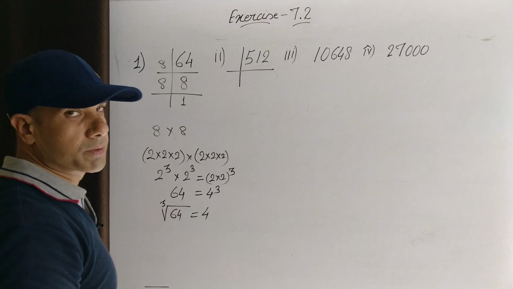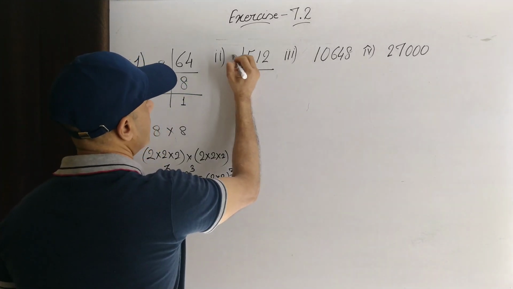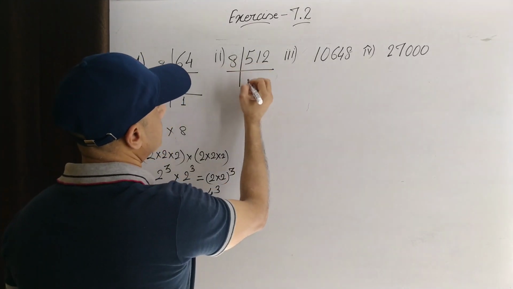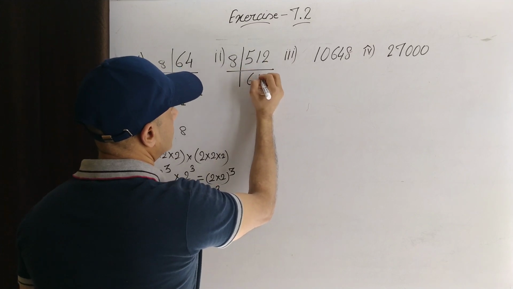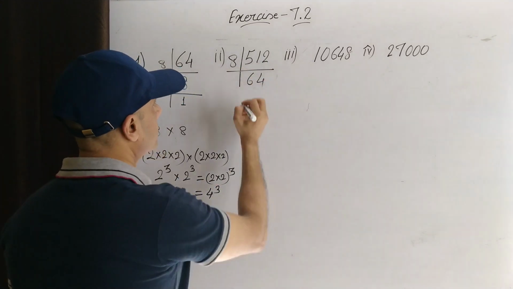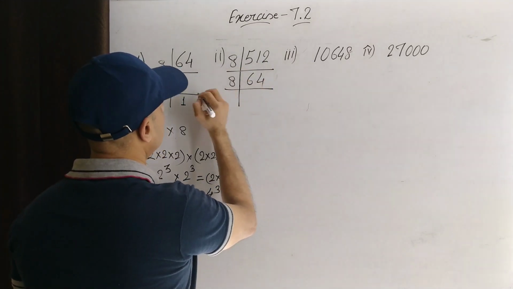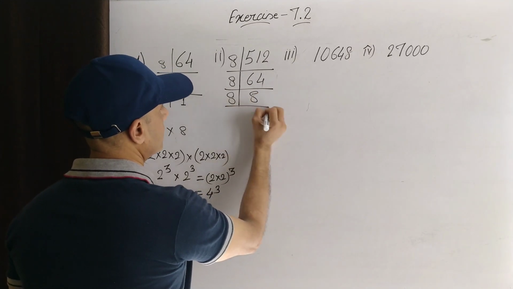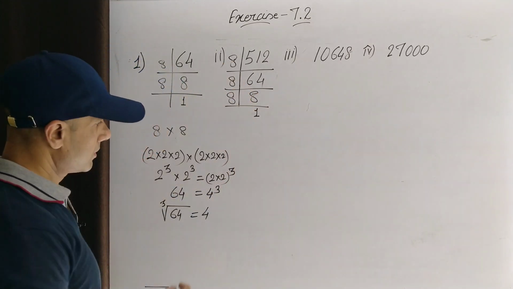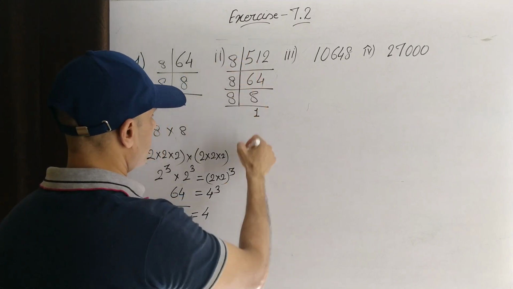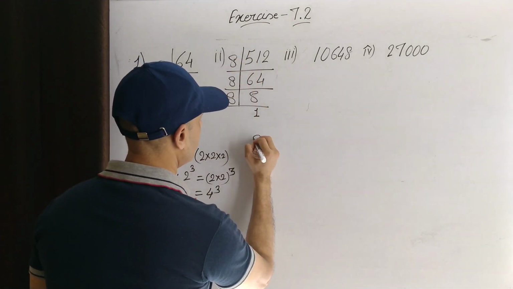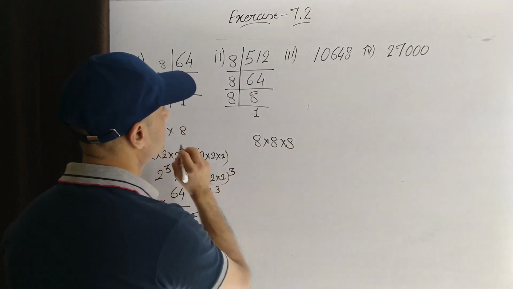Again, this number is divisible by 2. So we'll again take 8 straight away. So we'll get 8, again 8, again 8. So we'll again write these 8s as 8 into 8 into 8.